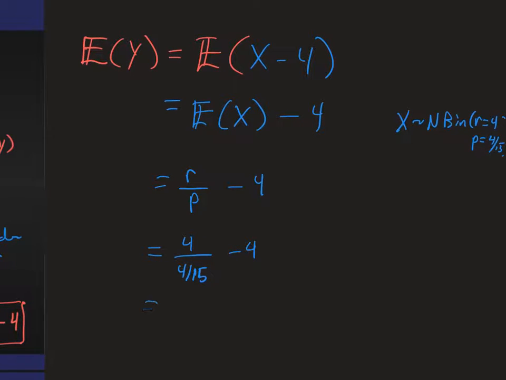And the 15 can swing up to the top. The 4s will cancel. This will be 15 minus 4. So this should take, as an expected value, about 11 boxes without a decoder ring.